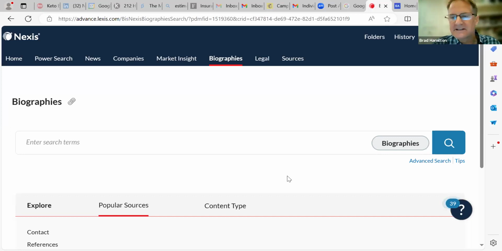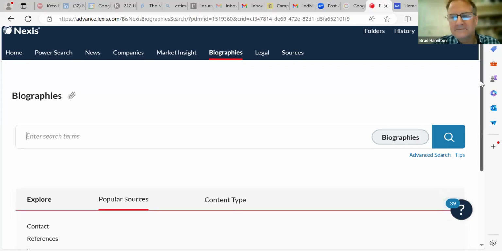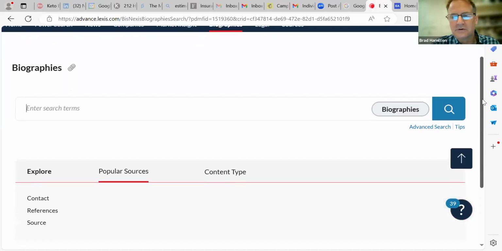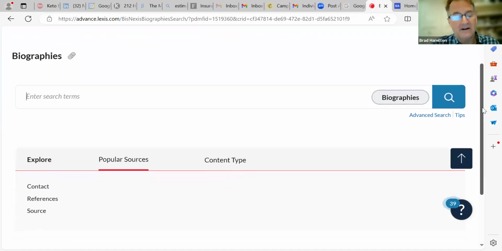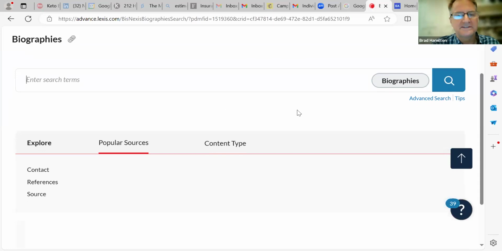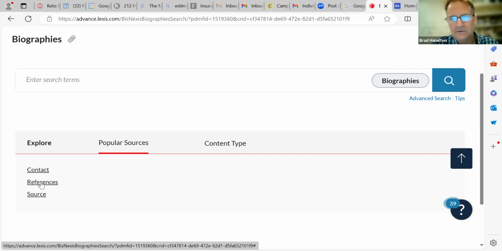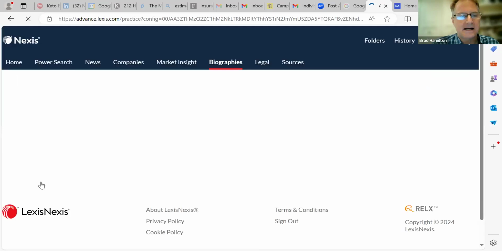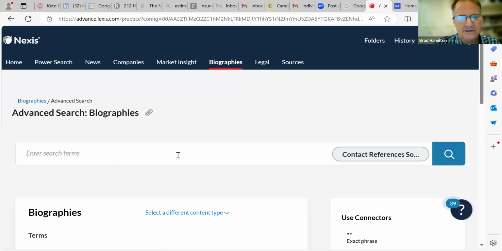All right. But there's this other thing, and I have a hard time believing that for so long it was kind of very hard to find, and people didn't know about it, and people still don't know about it. But if you look on this biography page under popular sources, it looks like there's 3 of them, but there's actually just one. It's called the Contact References source. I call it the Contact Reference Database. And if you click onto that, the biography page recasts with your search term there, but now it's identifying contact references.